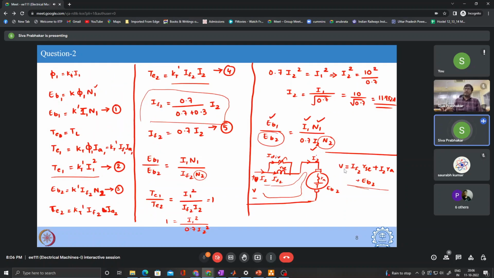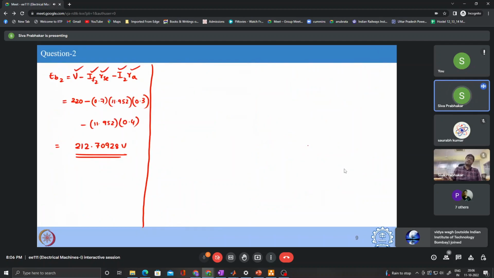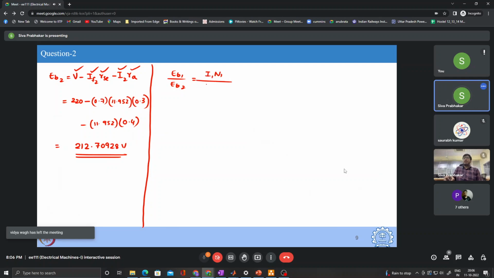Now we can substitute this EB2 in this particular first equation and then find out the value of N2. So let me substitute it. We have EB1 by EB2 is nothing but I1 N1 by 0.7 I2 into N2. So here you can write N2 to be nothing but EB2 by EB1, just cross multiplying, into I1 by I2 into N1 by 0.7.